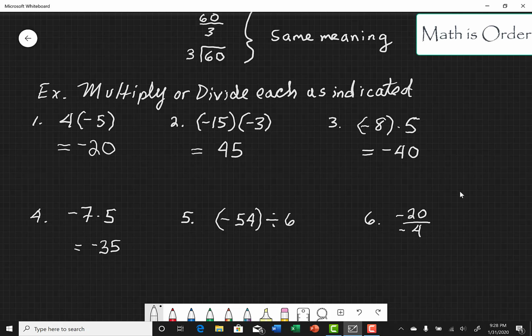For number 5, the division symbol is telling us to divide, and we're dividing a negative by a positive. So the result will be negative. And in number 6, negative divided by negative is positive.